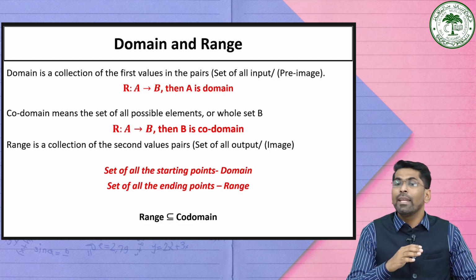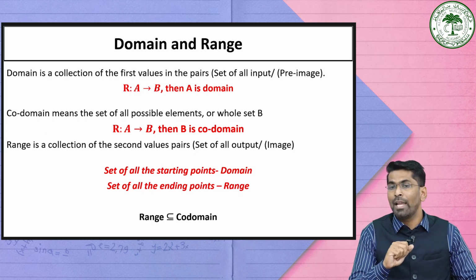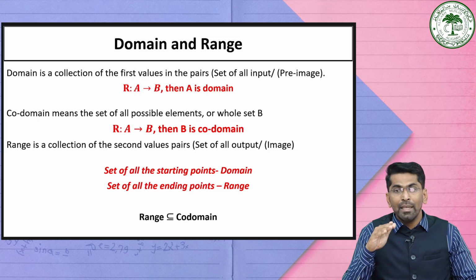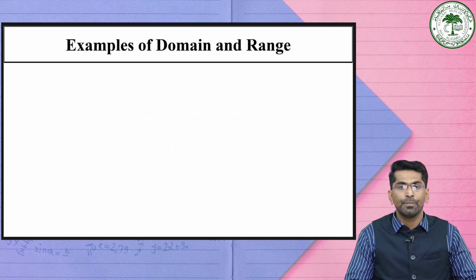Therefore, the codomain is a broader set that includes all potential values, while the range is a subset of the codomain. The entire set B is known as the codomain. I hope you understood the differences between domain, codomain and range.